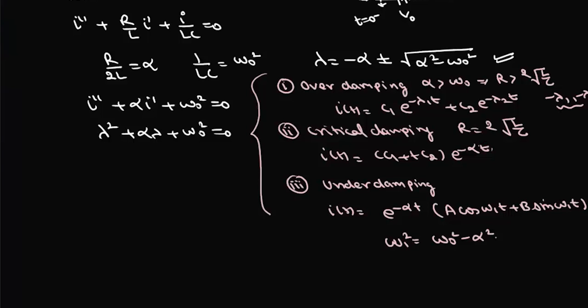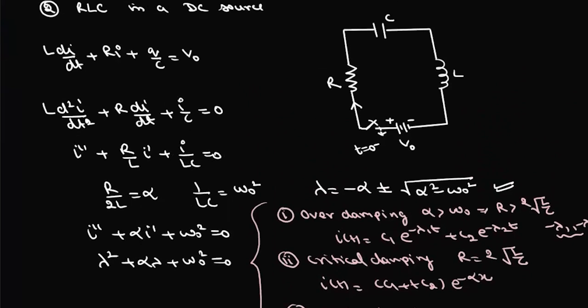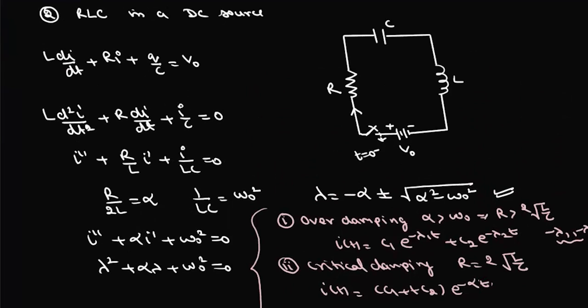What we'll discuss, though, are the initial conditions. We know that when t is 0 negative, i is 0 and di/dt is 0, and when the switch is turned on, still there will be no current, so still we'll have i equals 0.